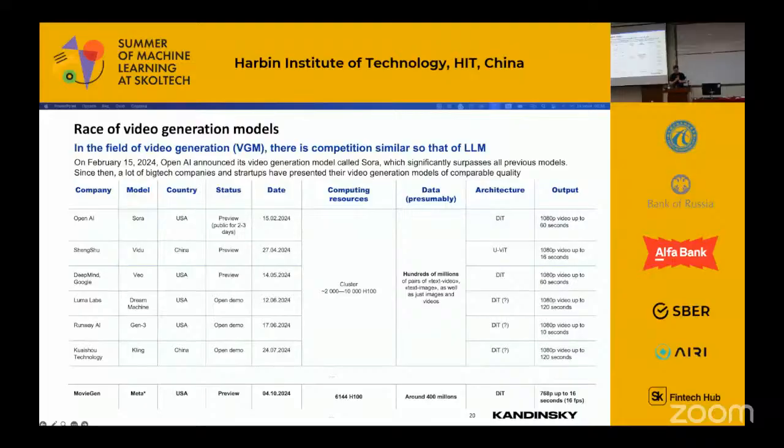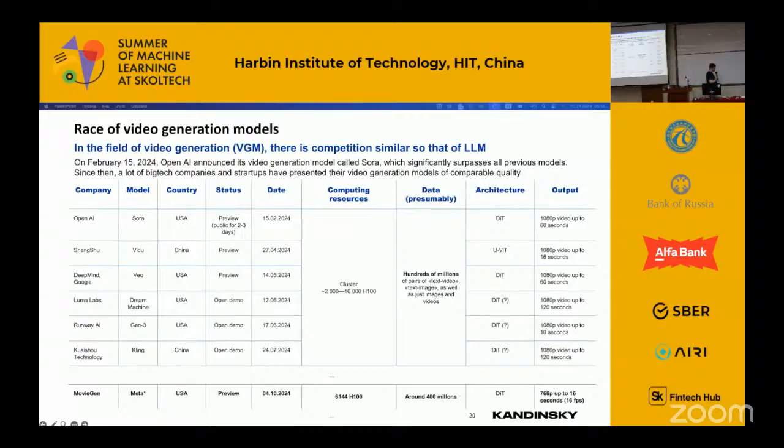Sora was released on February 15, 2024, so 1.5 years ago. After that, a huge amount of new approaches, new architectures, new public releases, new research were presented. I don't know how many video generation models we have for now, more than 50, I think, a lot.